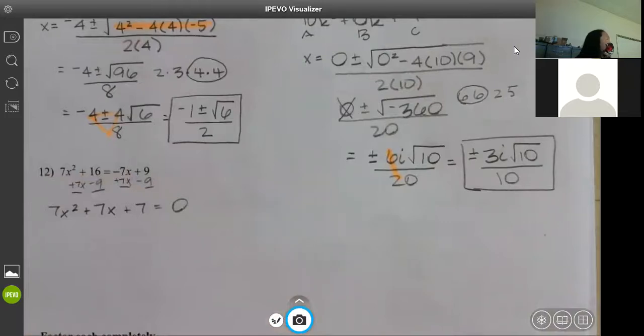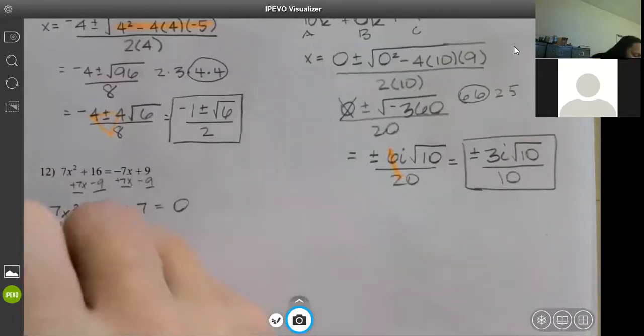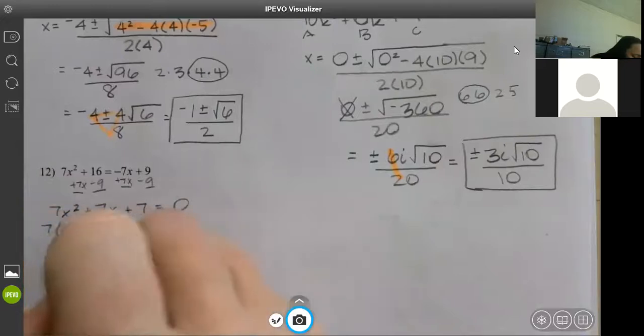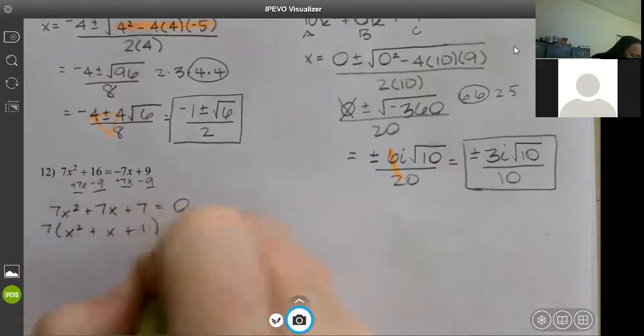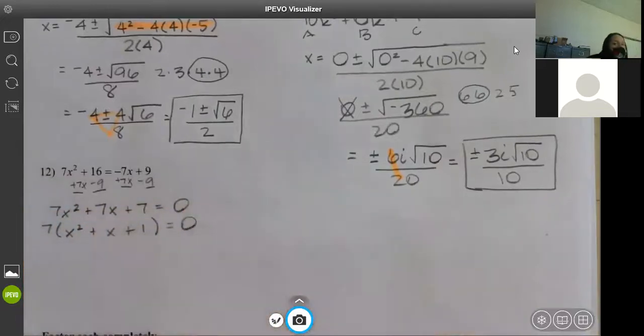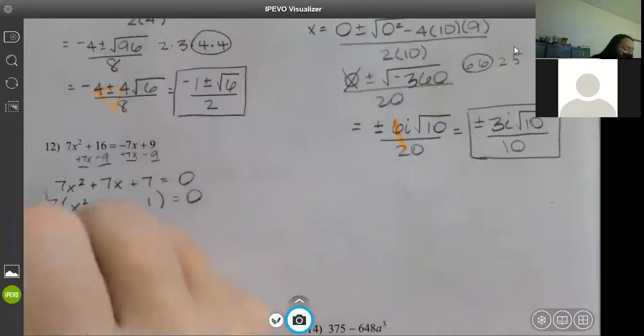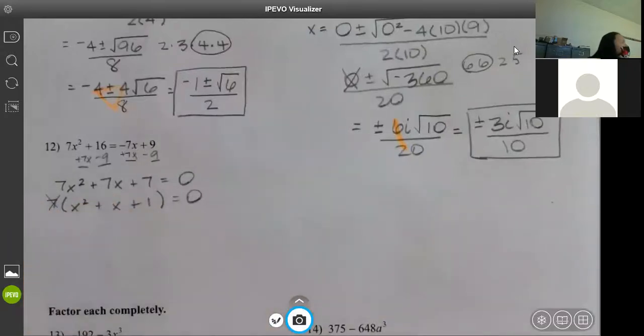Clearly there's a GCF, right? Did everybody see it? If there's a GCF, go ahead and get rid of it. Do you have to? Absolutely not, but you'll reduce it out in the end, okay? So I would go ahead and reduce it, x squared plus x plus 1. And then you don't have to work with that 7, just like if you were solving normal.